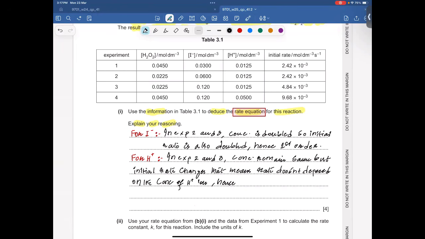Hence, it is zero order. In experiments 2 and 3, the concentration of H2O2 will remain same and the concentration of this becomes twice.